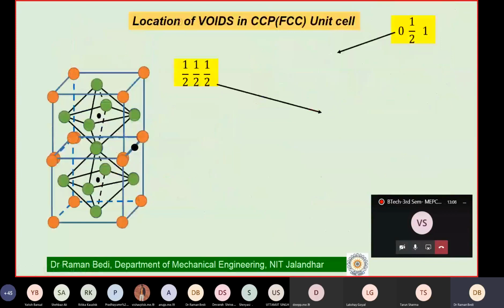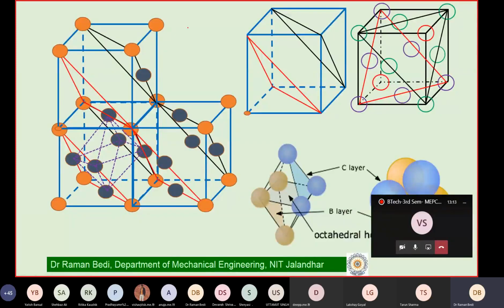Allotropic transformation means the iron can have a BCC structure at room temperature, whereas it goes to FCC at around 910 degrees centigrade. We elaborated this when we talked about various types of lattices. I hope you remember that.